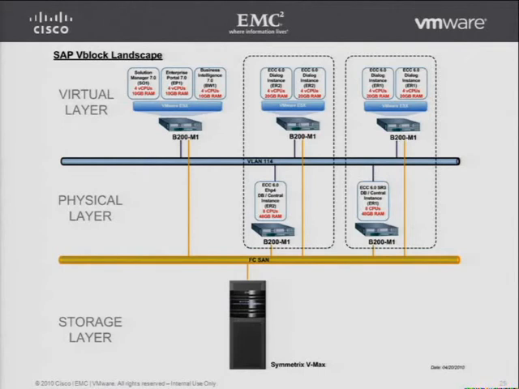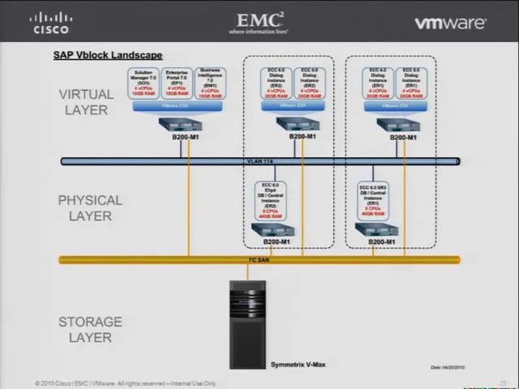On the virtual layer, basically, we have a UCS blade running ESX, which is vSphere 4.0. On the physical layer, it is a pure blade server where we just install Red Hat Linux on top of it, on native. As you can see, we virtualize our Oracle database for Solution Manager, Enterprise Portal, and Business Intelligence up there at the left-hand corner.